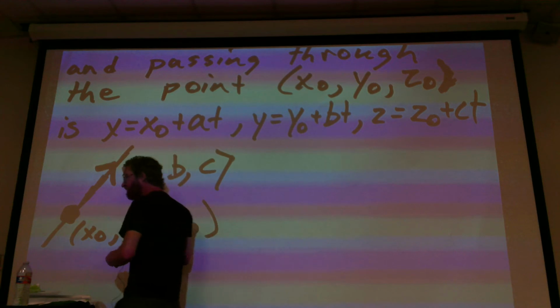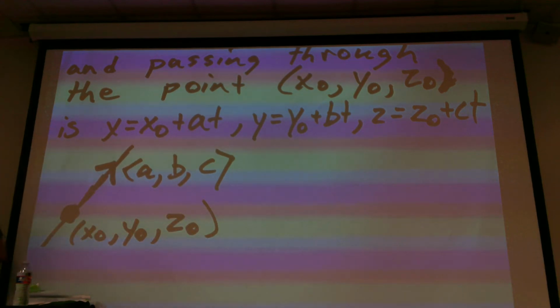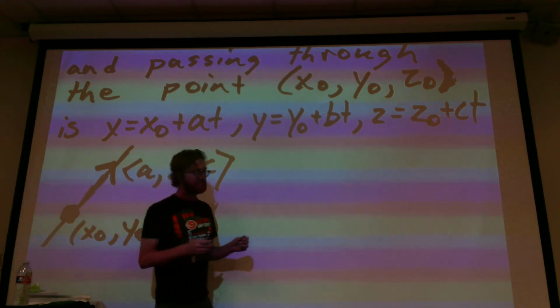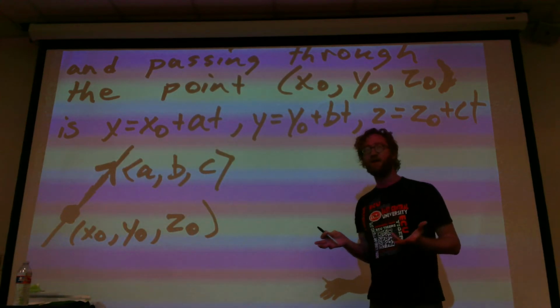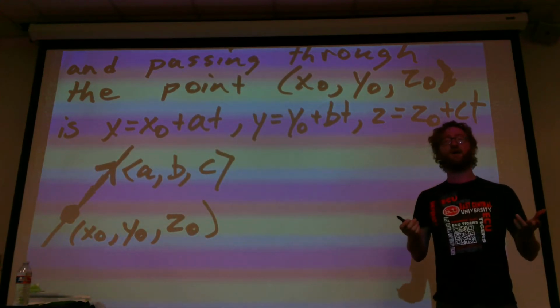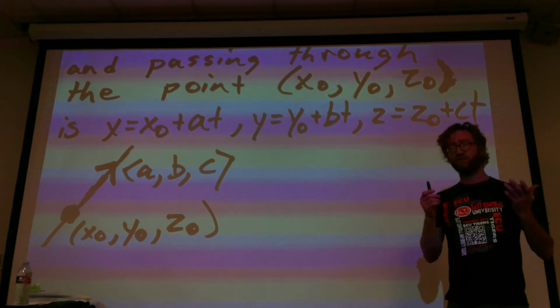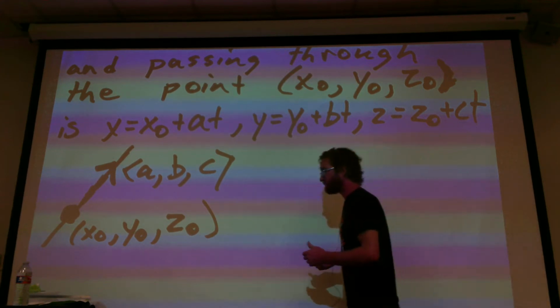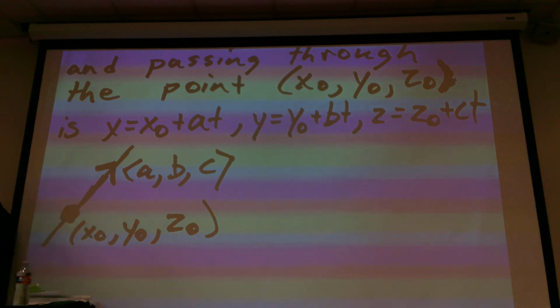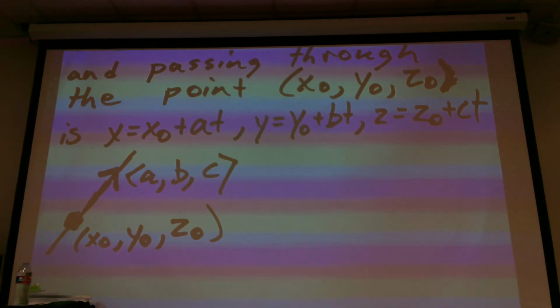Okay? So let's go ahead and start with a problem. Let's say that we just have 2 points in space, and we want to describe the line that passes through those 2 points. Oh, I apologize.